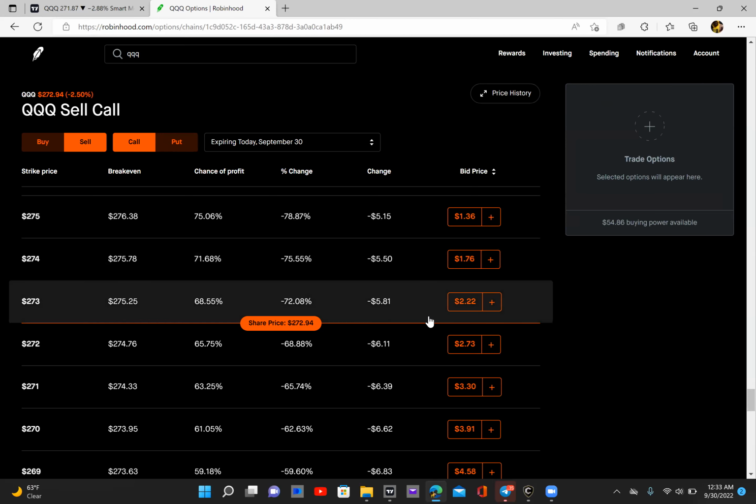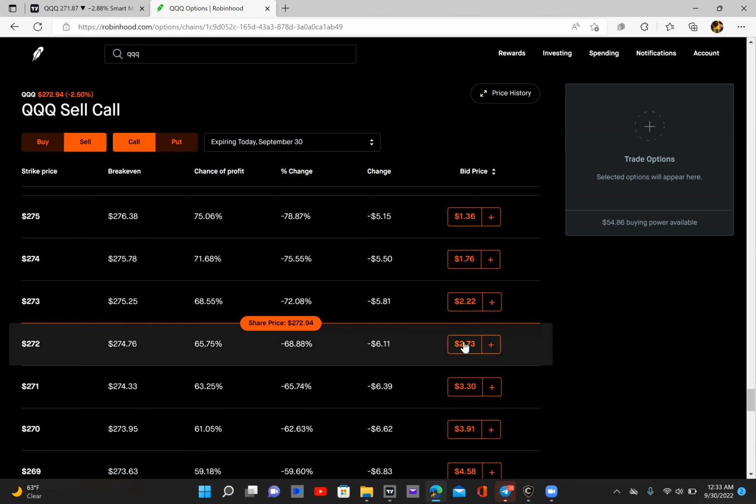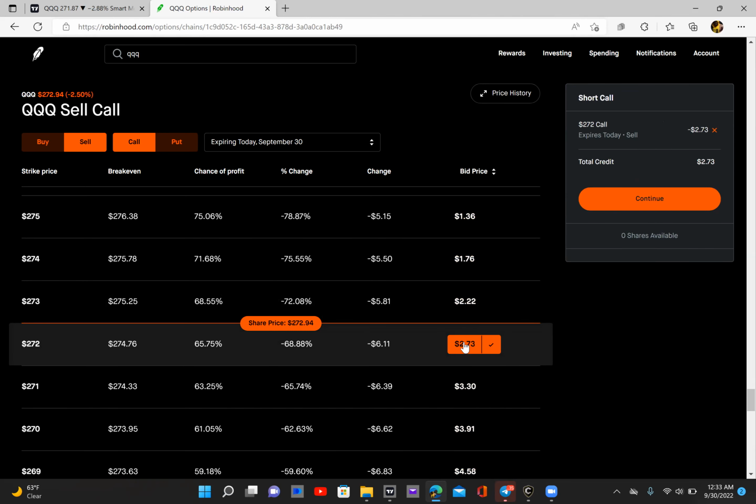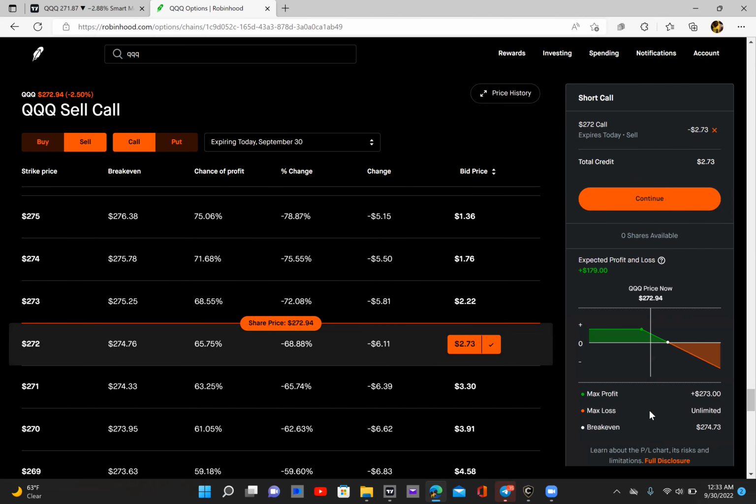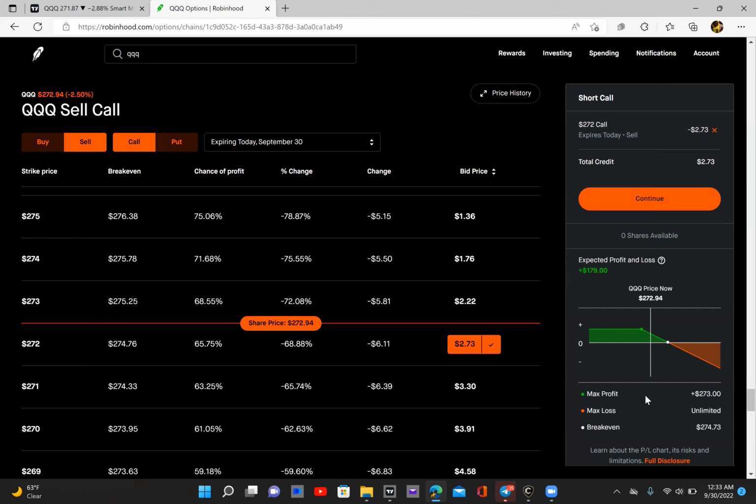And I want to sell, let's say I want to sell. All right, look at this. It's reverse, max profit $273. All right. Max loss, unlimited. Expected profit and loss, $179.